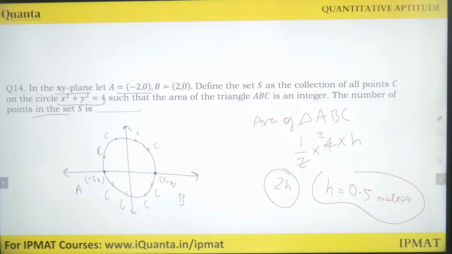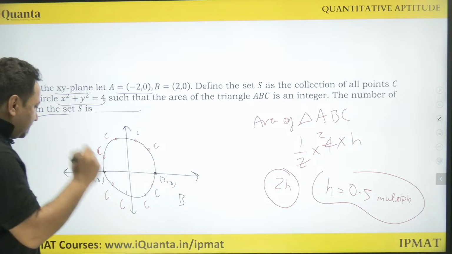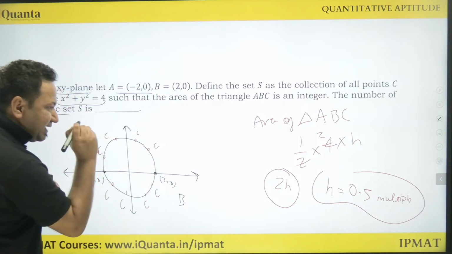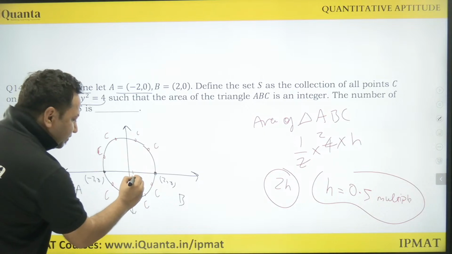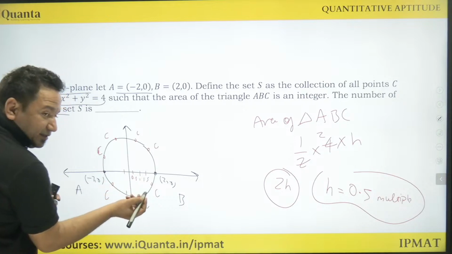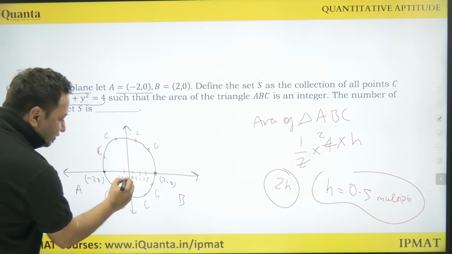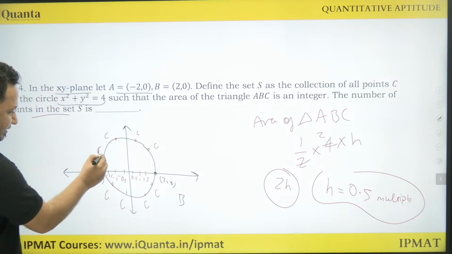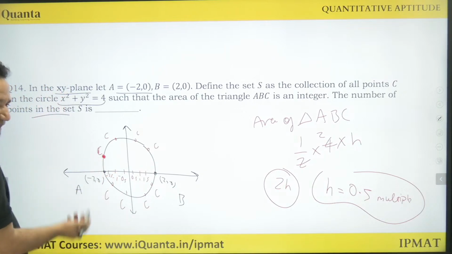So for a multiple of 0.5, in the right direction, its coordinate can be at 0.5, 1 and 1.5. Similarly, in the negative, we have -0.5, -1 and -1.5. Okay, so this is C where the coordinate is -1.5.